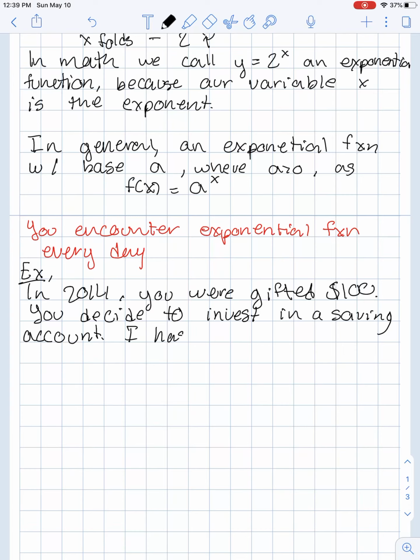So the savings account has a few properties. It has interest compounded annually.